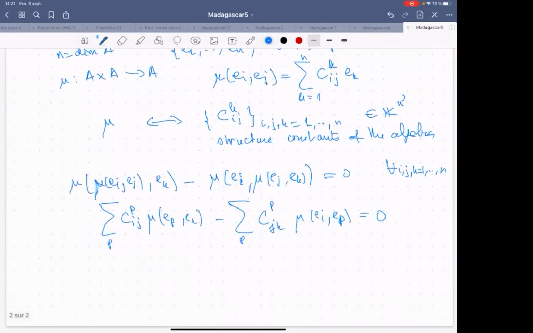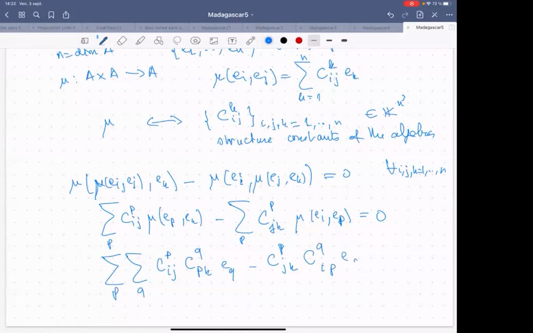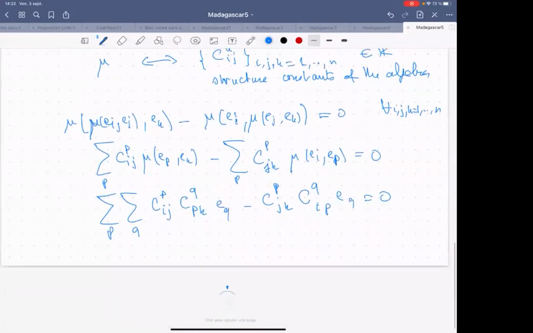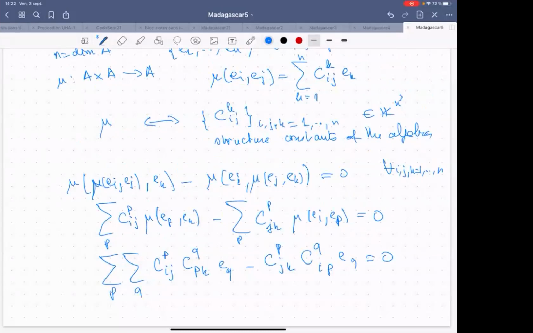Finally, I should have a double sum over p and q of C_ij^p C_pk^q e_q minus C_jk^p C_ip^q e_q equals 0. This vector in A should be 0 if the coefficients are 0.